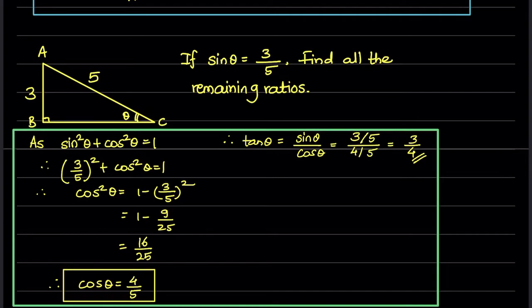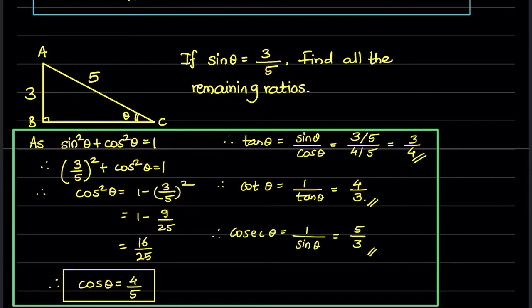Now tan theta is sin theta upon cos theta, so by putting the values, 3 by 5 upon 4 by 5, so the denominator is same, so it gets cancelled, so 3 upon 4 is tan theta. Now cot theta is reciprocal of tan theta, so it will be 4 upon 3. Similarly, cosec theta is reciprocal of sin theta, so 5 by 3, and sec theta is reciprocal of cos theta, so it will be 5 upon 4.